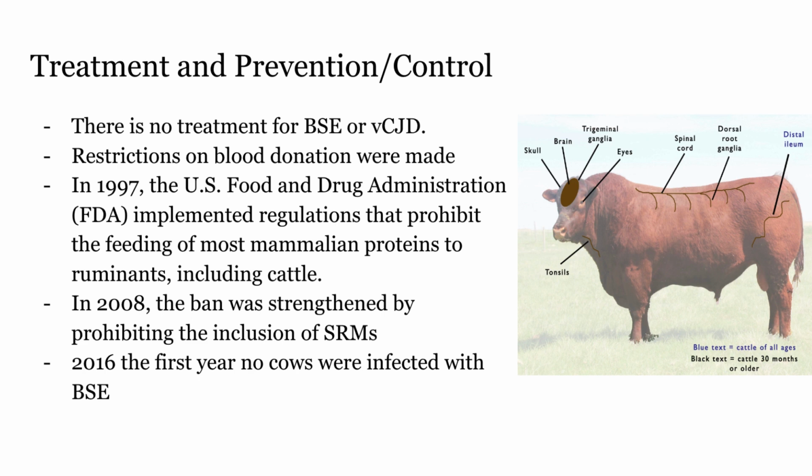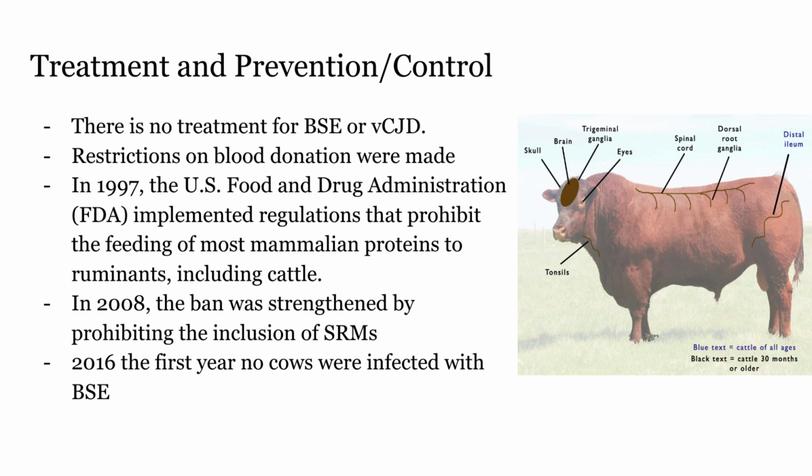And some prevention: people cannot donate blood if they've been in high risk countries in that area, especially during that time period for too long. And then, of course, here comes the FDA. A little too late, but better late than never.